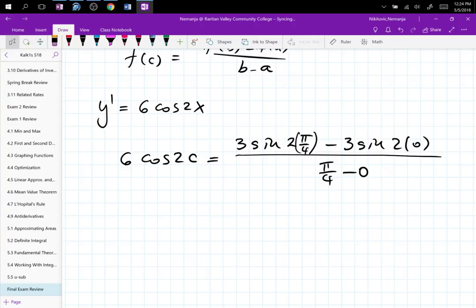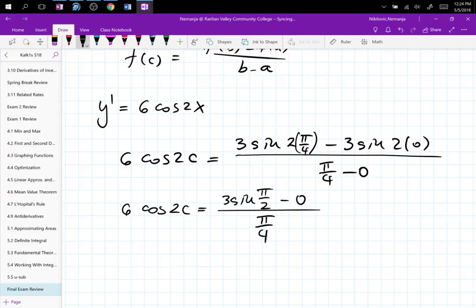All right, let's do it. We have 6 cosine 2c is equal to 3 sine, and then this is pi over 2 minus 0 divided by pi over 4, because sine of 0 is 0.